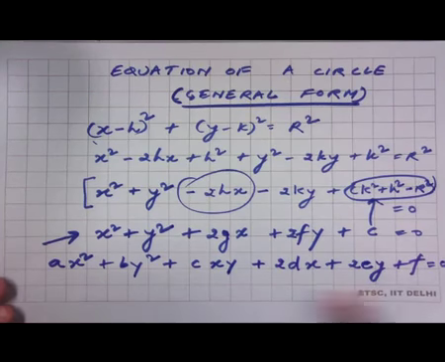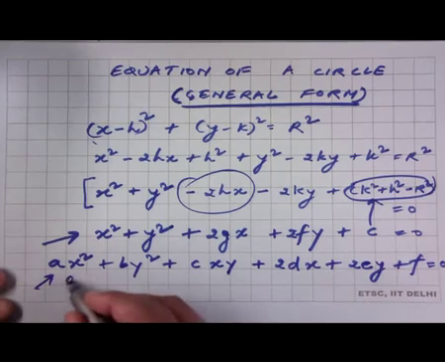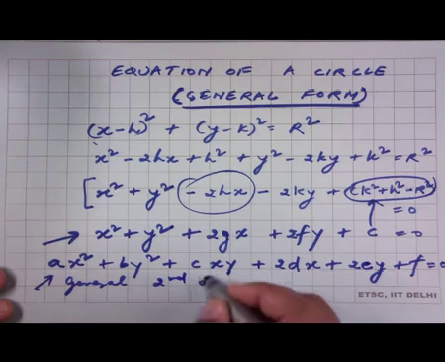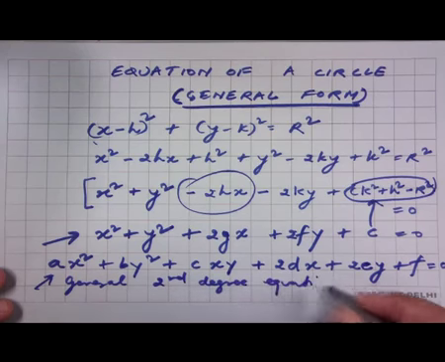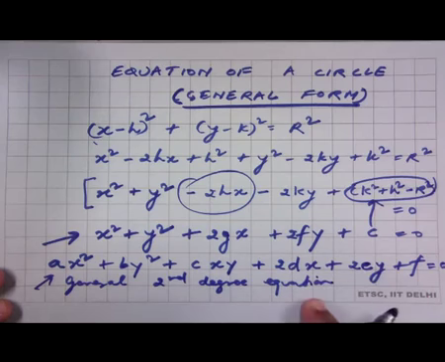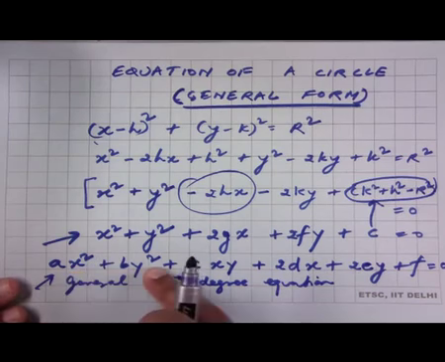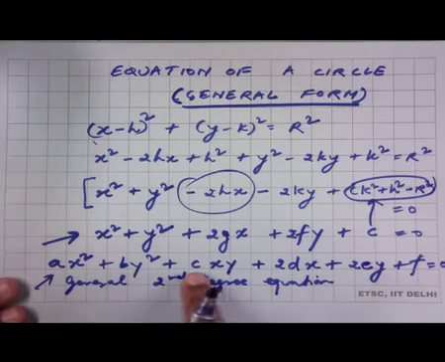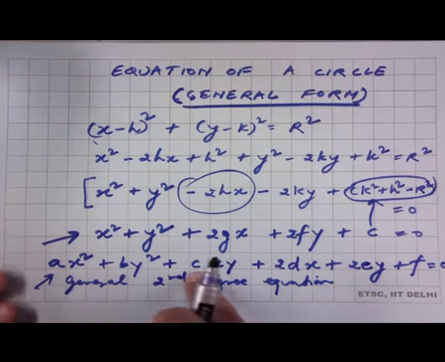So, this is the form of a general second degree equation, but here the coefficient of x square and y square need not be the same in general, plus the coefficient of xy need not be 0.